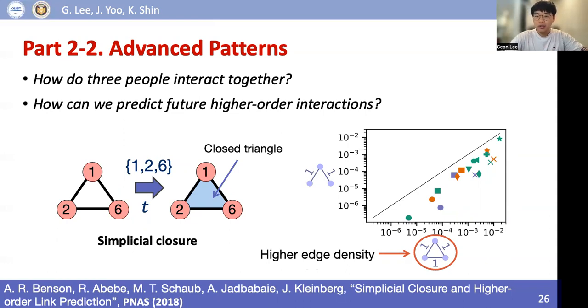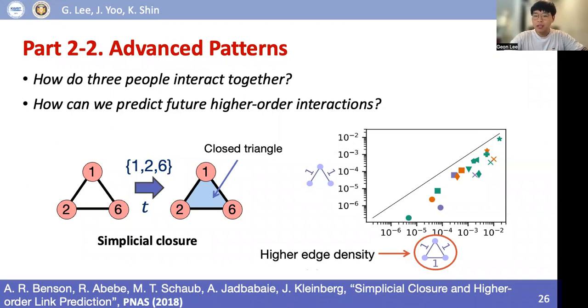Then, how can we predict the simplicial closure of 3 nodes? There are several factors that help predict the simplicial closure, but one of them is the density of the 3 nodes. On the right-hand side figure, 2 types of connectivity patterns of 3 nodes are compared on the x-axis and y-axis respectively.